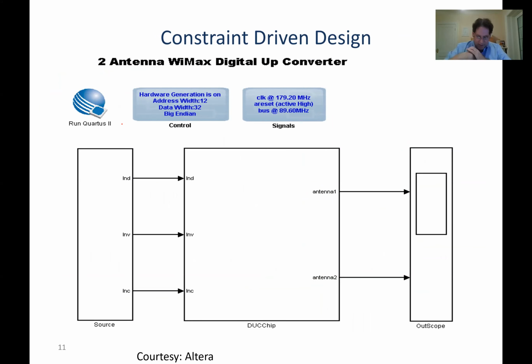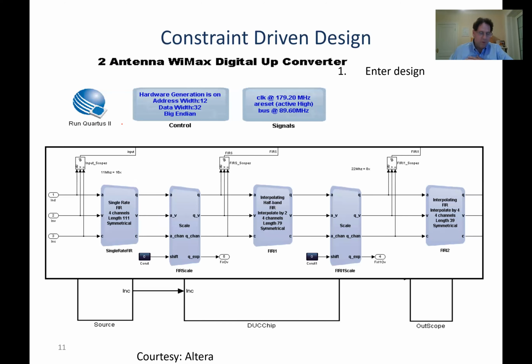Okay, so these are some slides that I kept from my time at Altera, so courtesy of Altera for the next couple of slides. The details of this are not that important, but basically, this is a particular communication system. It's for wireless networking. It's using 2 antennas, and this is doing something called a digital up converter.